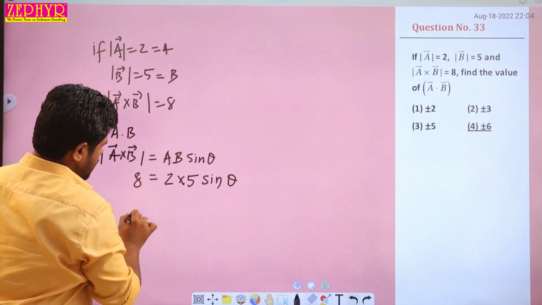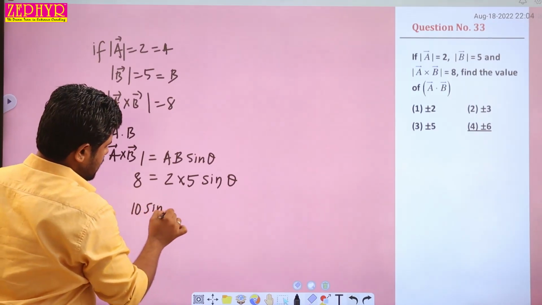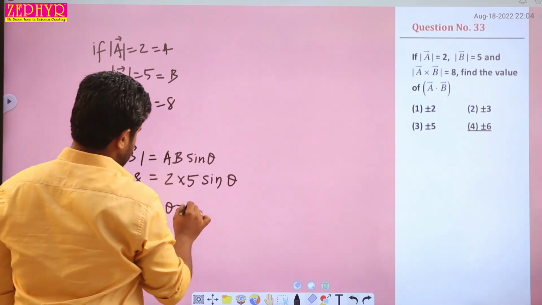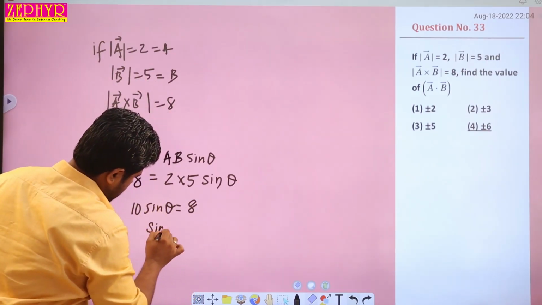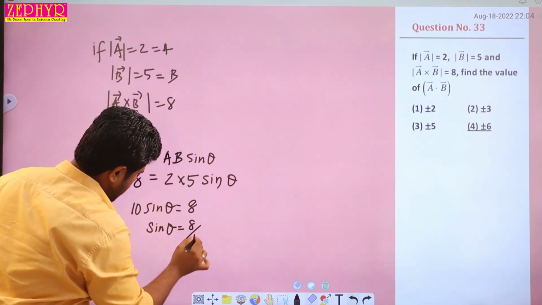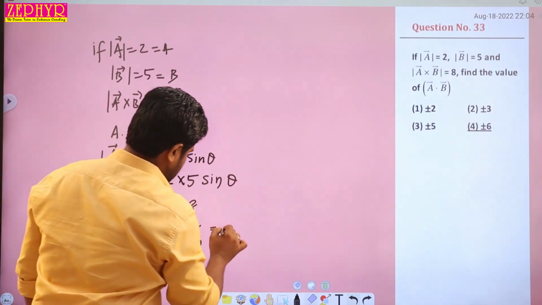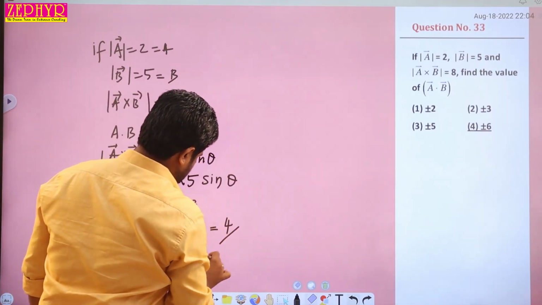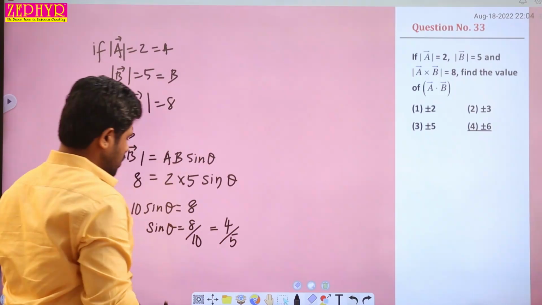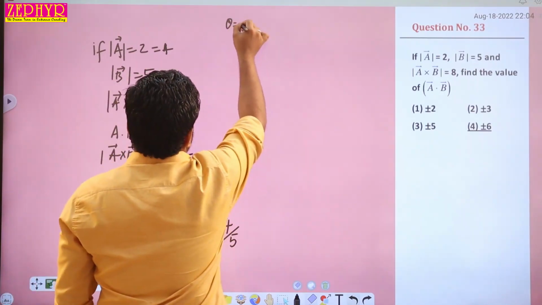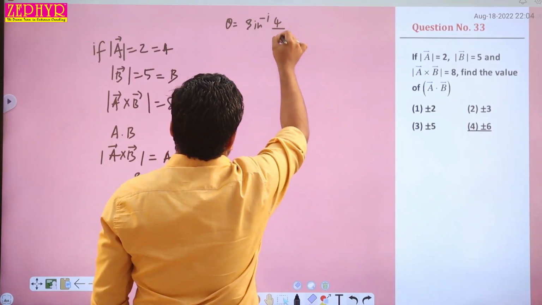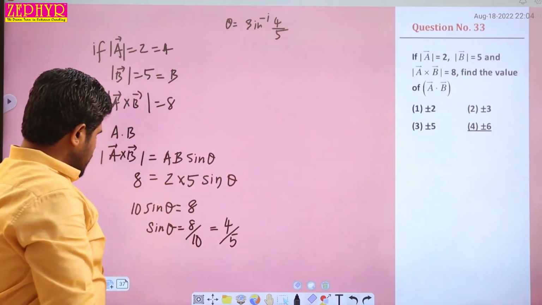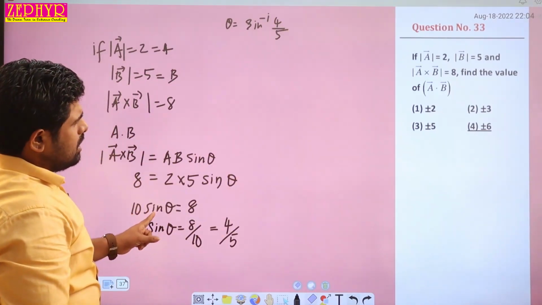So 10 sin theta is equal to 8, so sin theta is equal to 8 divided by 10, which is 4 divided by 5. So theta is equal to sin inverse of 4 divided by 5. Then it is not the correct one.